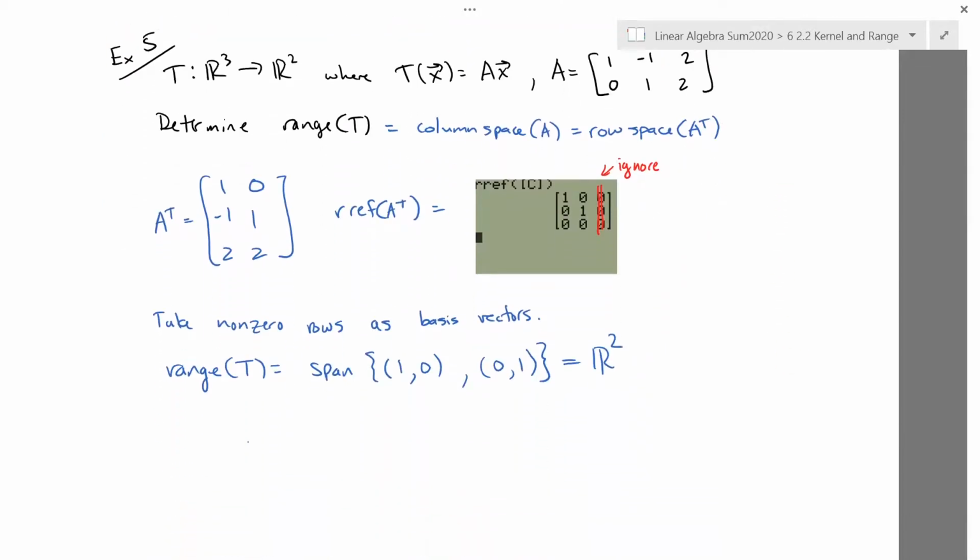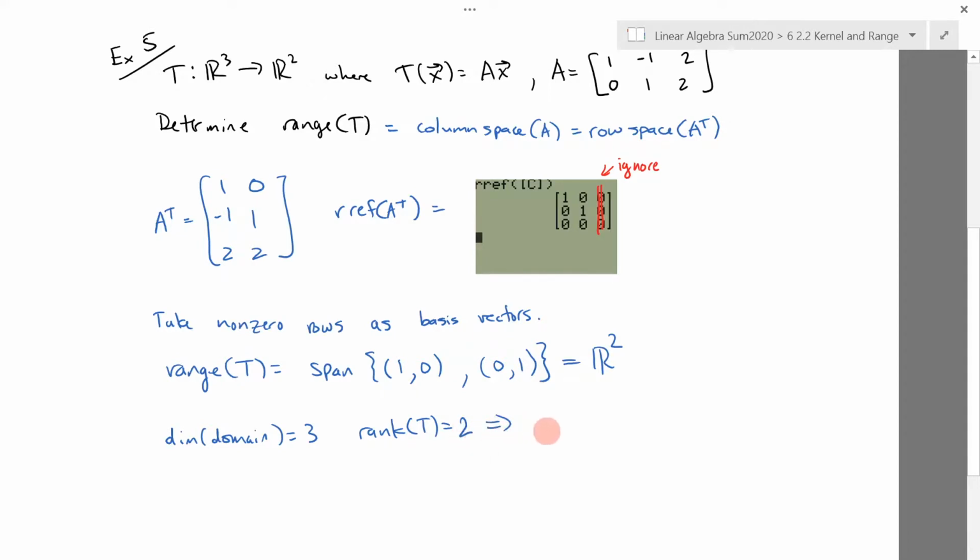So what's going on in this case? The dimension of the domain is 3, because it's R3. And the rank, the dimension of the range, is 2.